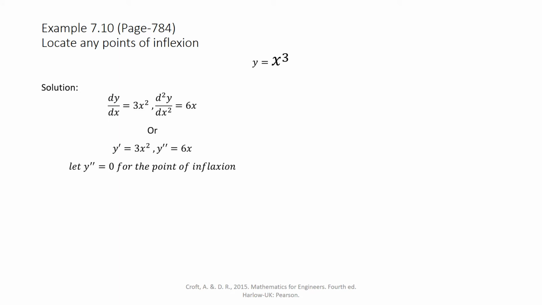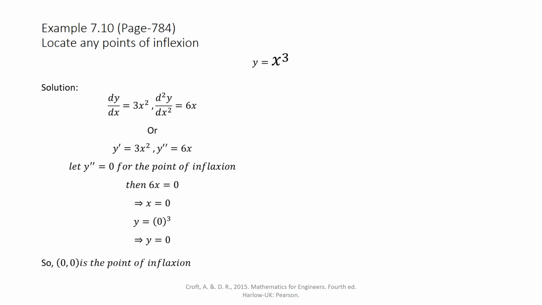Let the second order derivative equal 0 because at the point of inflection the second order derivative is 0. So after taking it equal to 0, the x value will come out, and then we plug this value into the function.